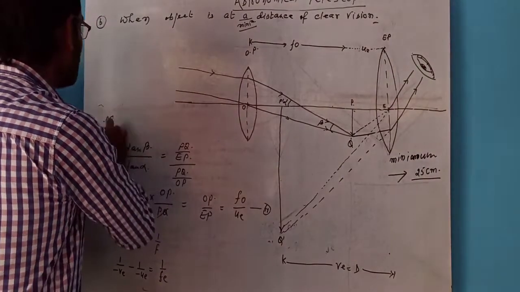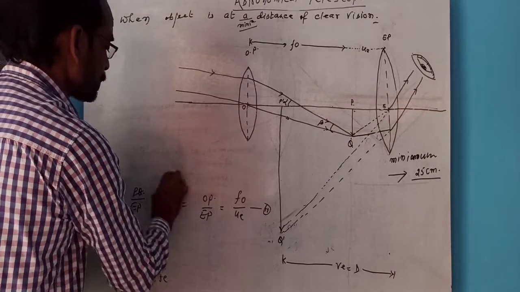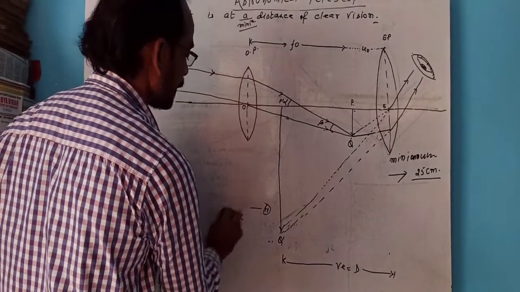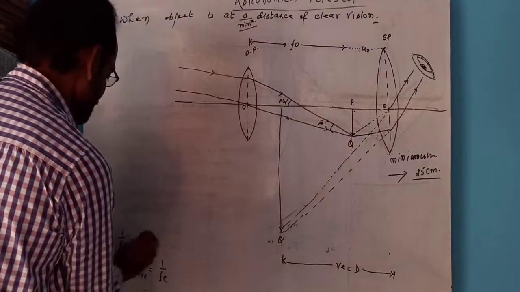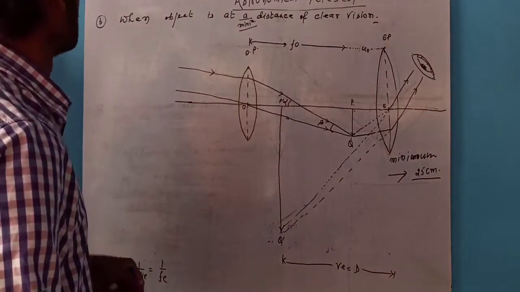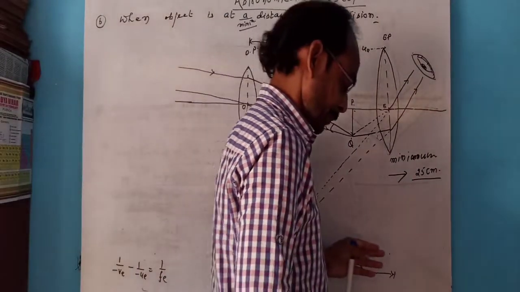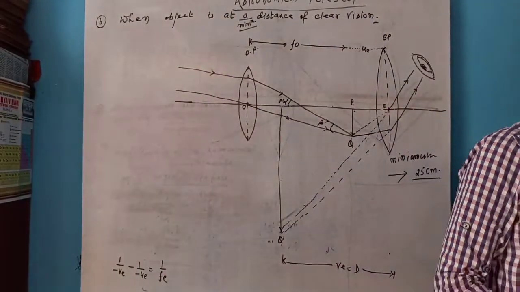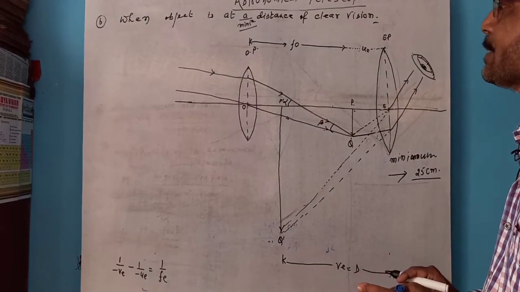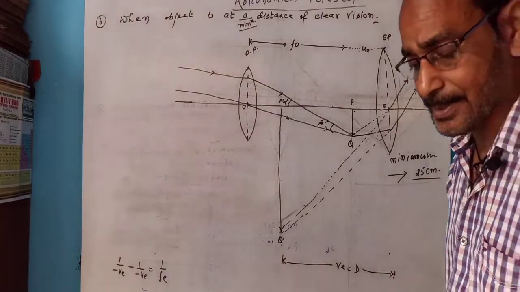Now we come to solve the problem of forming of image by the astronomical telescope when the object is between the telescope and the focus and when the image is placed at the minimum distance of clear vision.